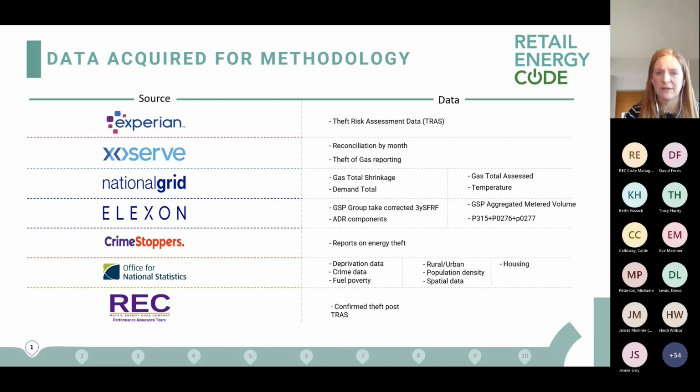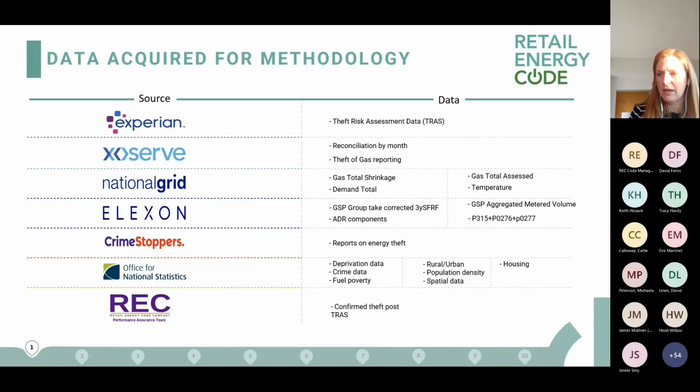We were looking at that initially to see if we could get the confirmed unallocated energy at low level, and to split that into technical losses and non-technical losses, to do the comparisons and lower that potential pot of what theft could be.